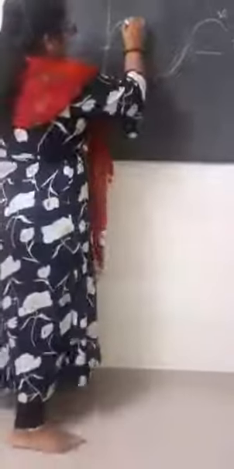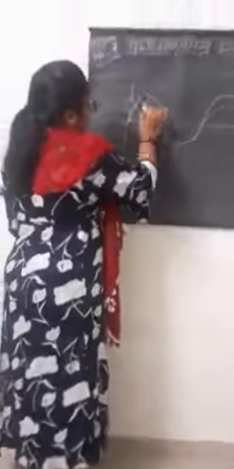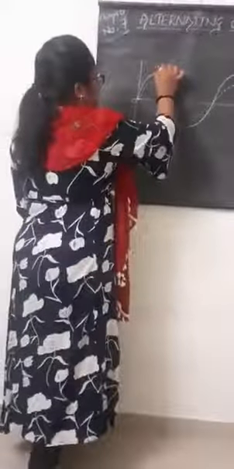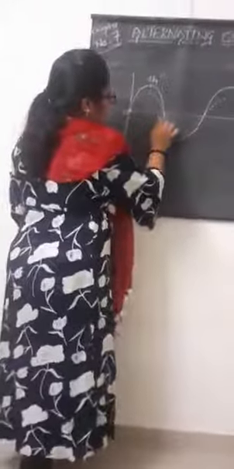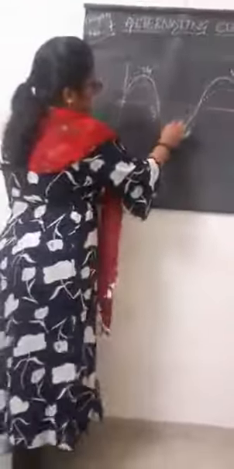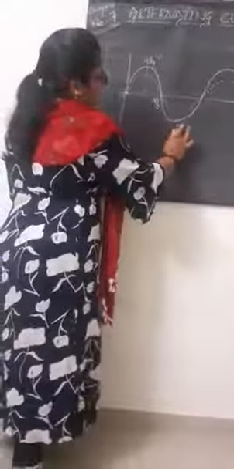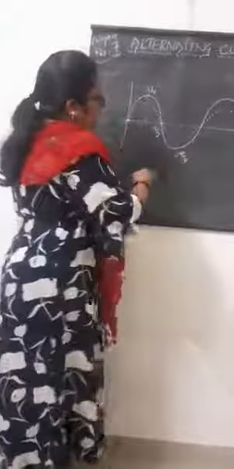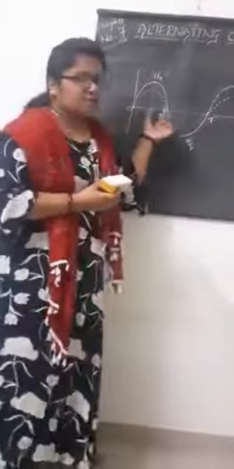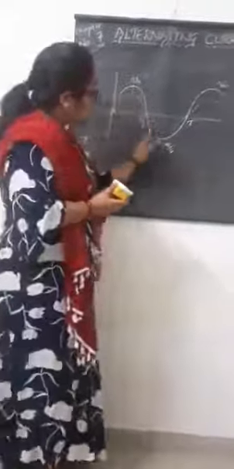At this point it will be T by 4, as you know already. Here it will be T by 2, here 3T by 4, and here T. This is the time period of wave A.